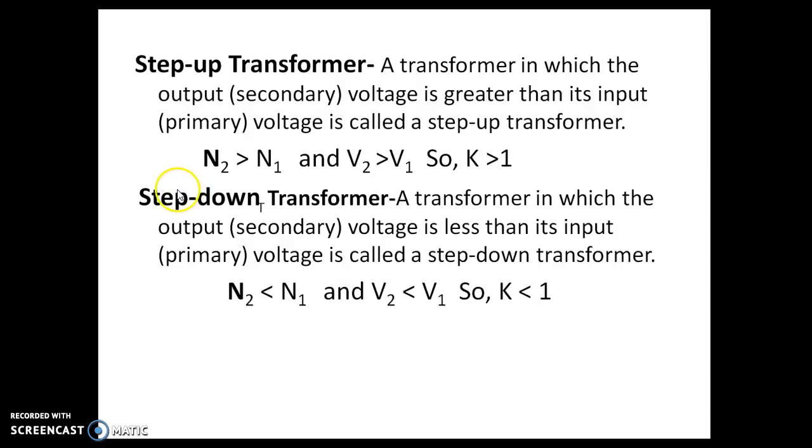A step down transformer is one in which the output voltage is less than its input or primary voltage. Here the number of primary winding turns is greater than the secondary turns. So the primary voltage is greater than the secondary voltage. Obviously, the voltage transformation ratio K is less than 1. Okay, thank you.